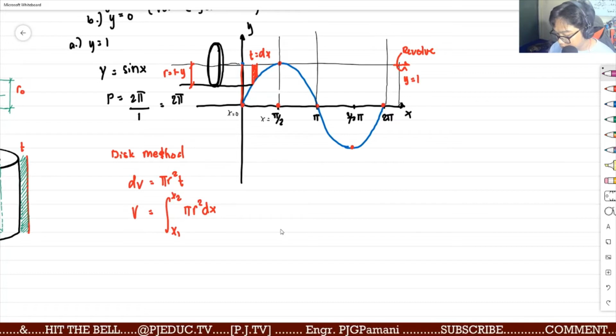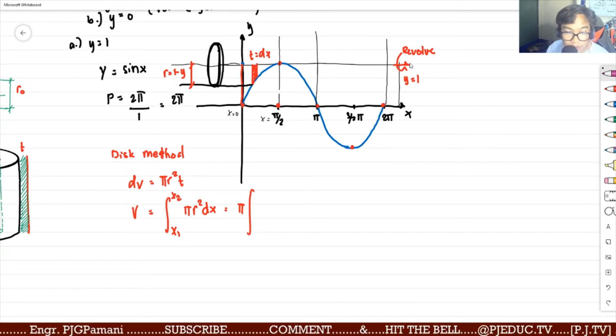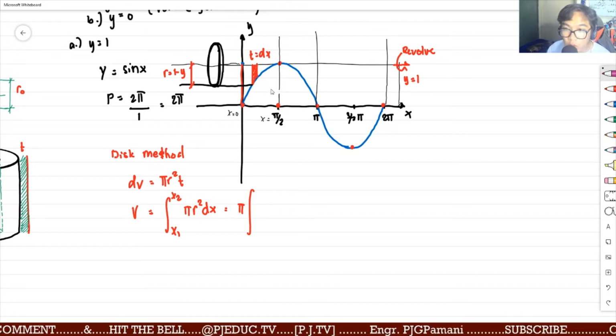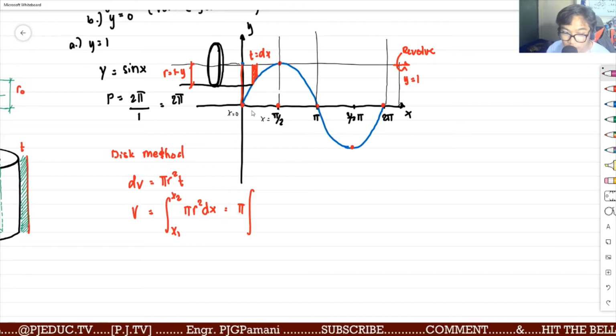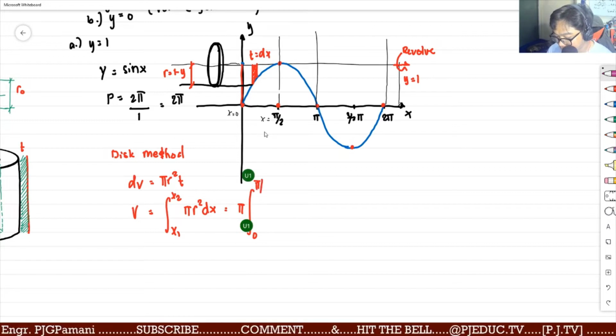So, that is now, labas lang natin si pi. Limits natin, ang tinatanong na volume that will revolve, an arc volume that will revolve at y equal to 1 is coming from 0 to pi over 2 on that arc. So, ang limit natin is basically from 0 to pi over 2.